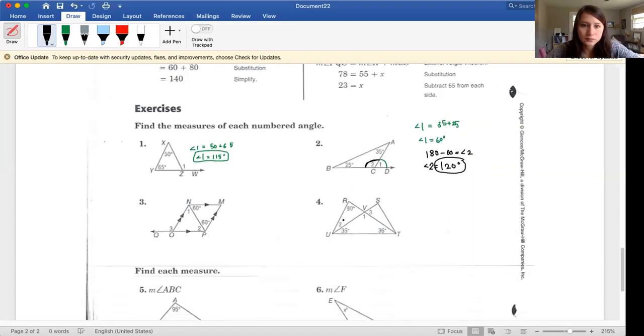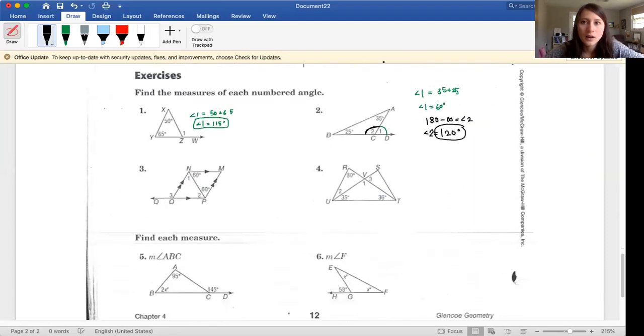Because I know the sum of all the interior angles should be 180. All right, looking here, we've got this angle 3 here, and we're looking for angle 1 and angle 2. So let's think about this. If I know that these are parallel, these are also parallel, this is 60 degrees, this is 60 degrees, how many degrees do you think angle M would be?